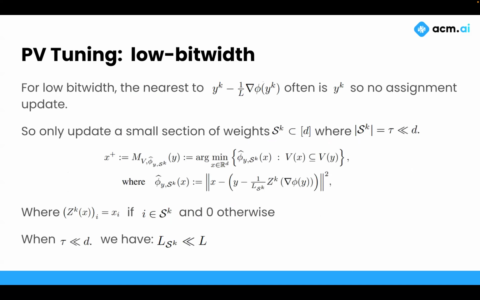The problem is that at low bit widths, the result is oftentimes just Y K. So there's no assignment updates. So then the solution is to only update a small section of the weights. And then that forces L to be much, much smaller, which blows this term up, which forces it to assign it to a different parameter.